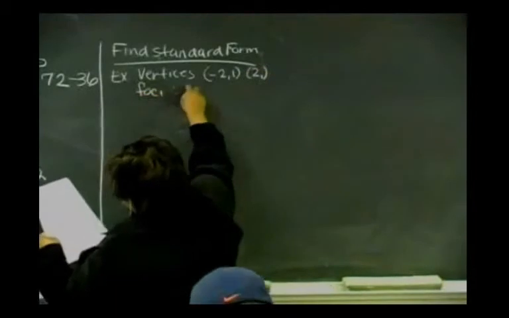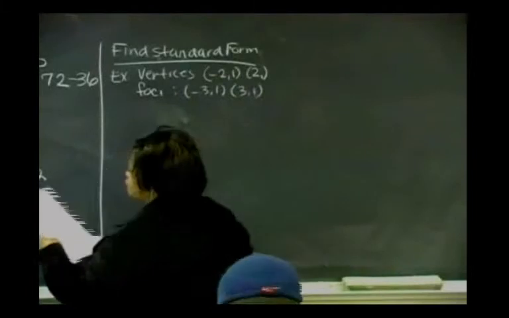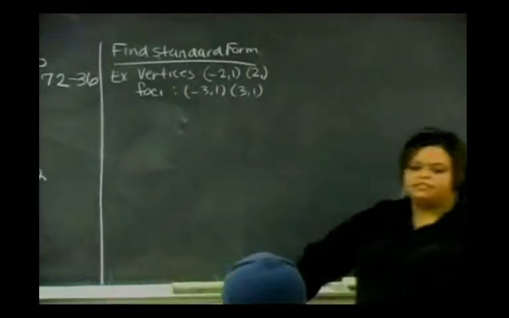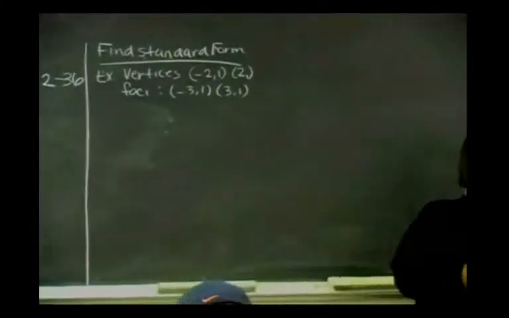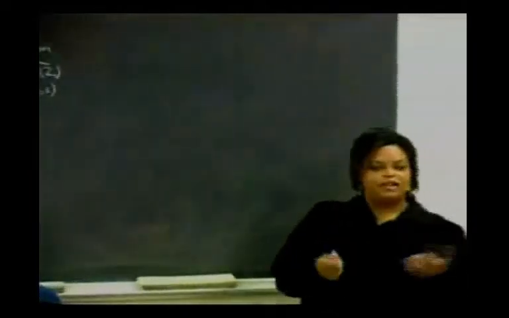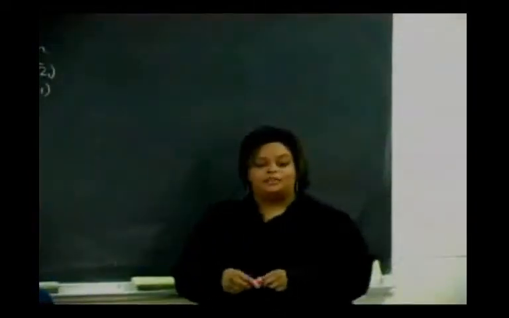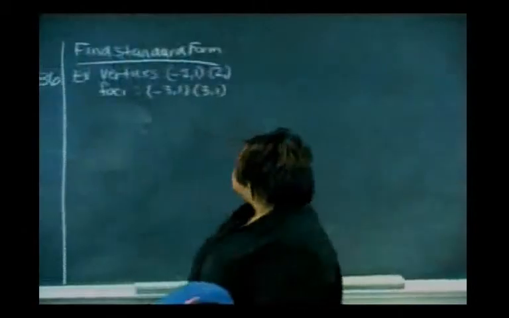And the foci are negative 3, 1 and 3, 1. This we're given. Now here they don't say that the center is 0, 0. Some of your practice problems may say that, but this one we don't know what the center is, so we can find it. What's the second one?